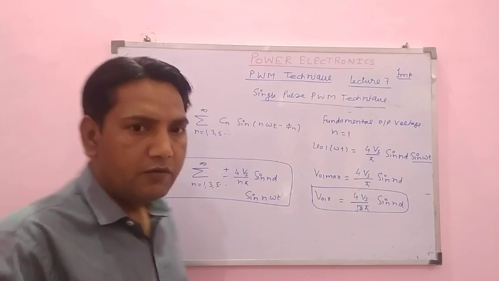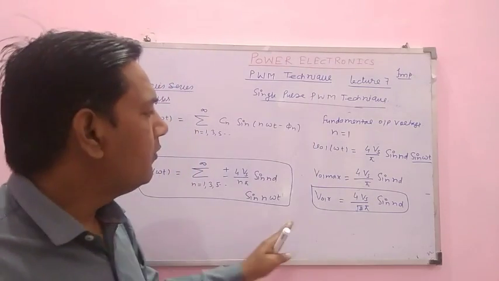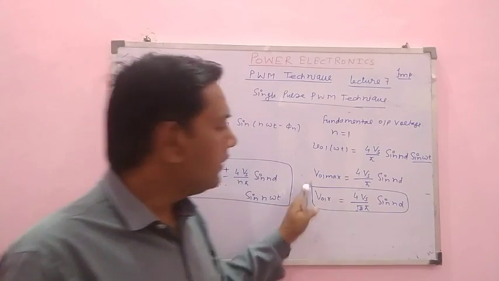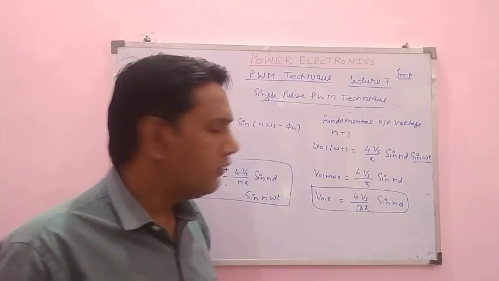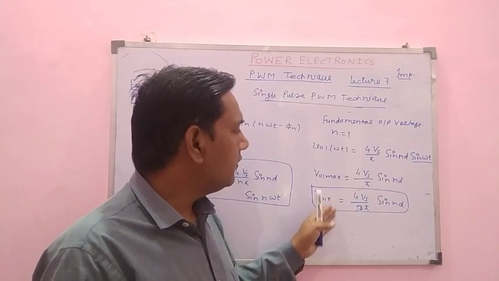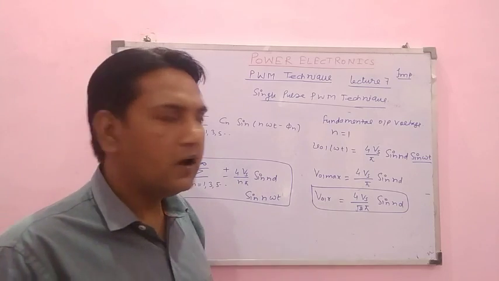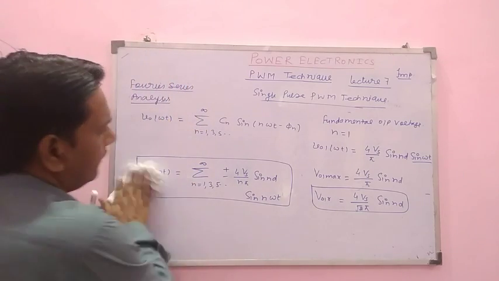Okay, now we have to see in what way. In the objective of the PWM technique, we have discussed that the PWM technique eliminates the harmonics. So we will discuss how it eliminates the harmonics, that is, the low order harmonics. Let us see.